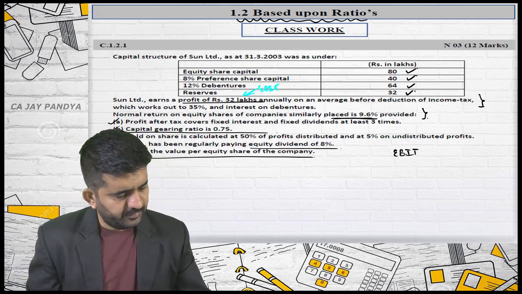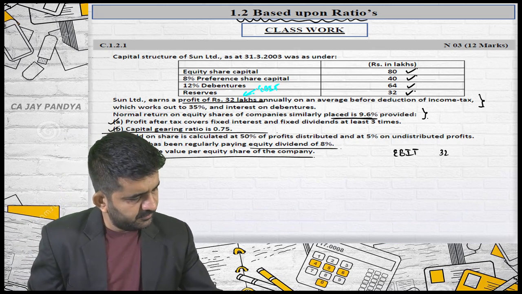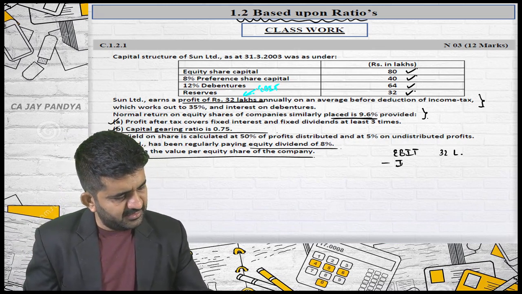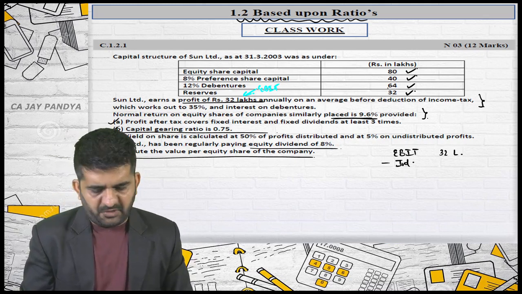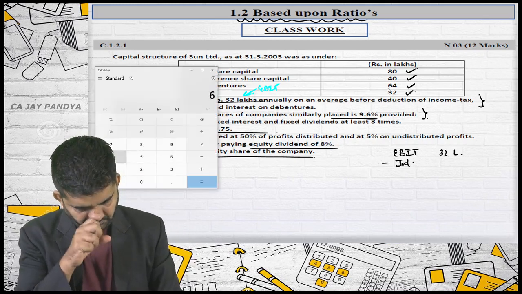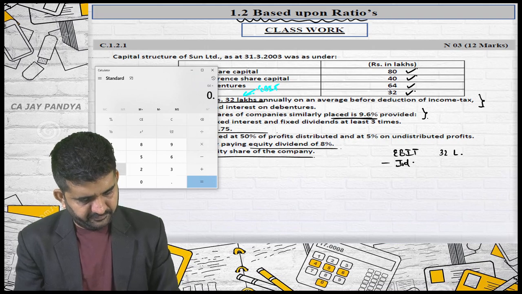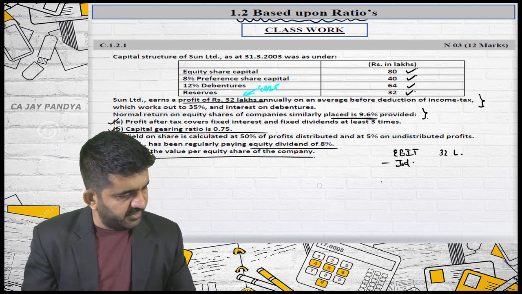EBIT is 32 lakhs minus interest. Interest will be 12% of 64 lakhs. It is 7.68.